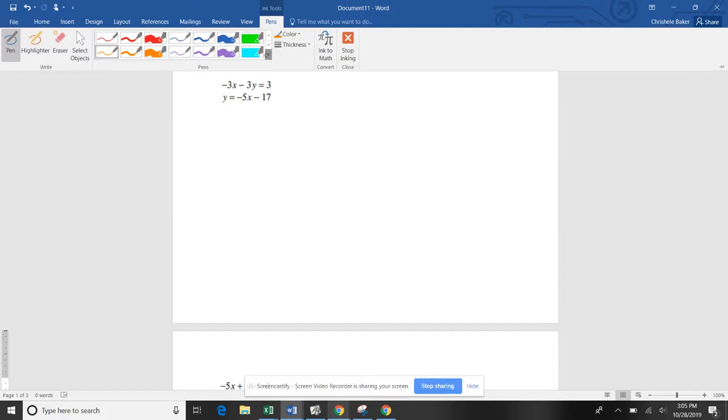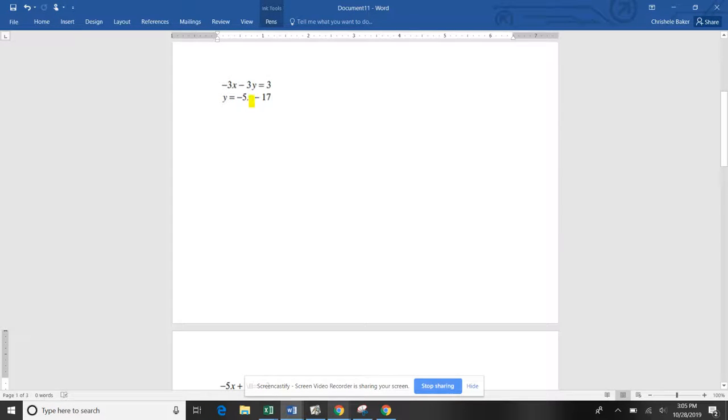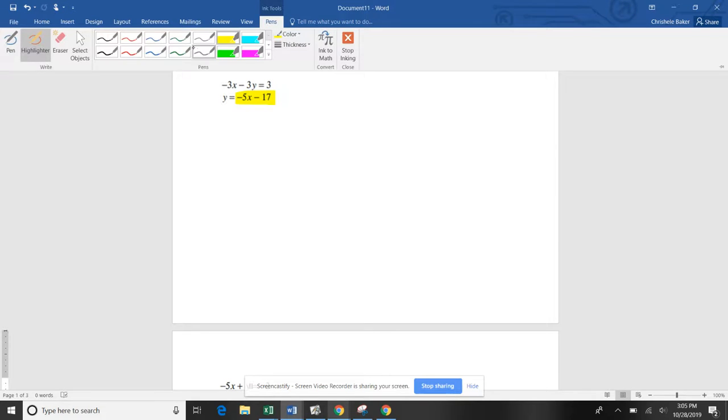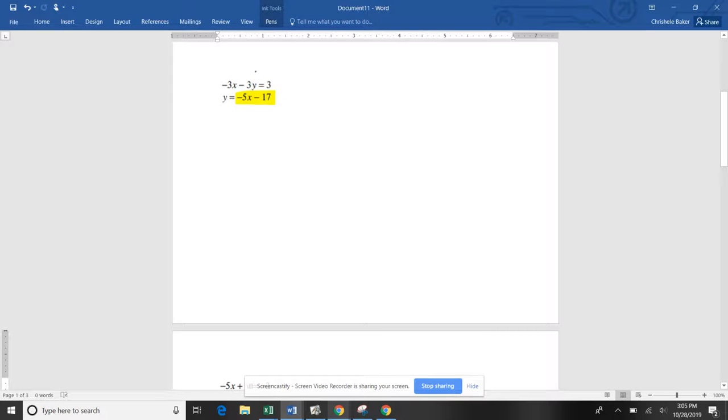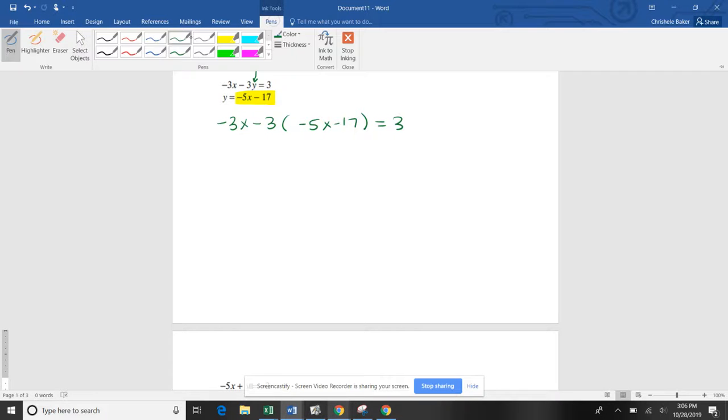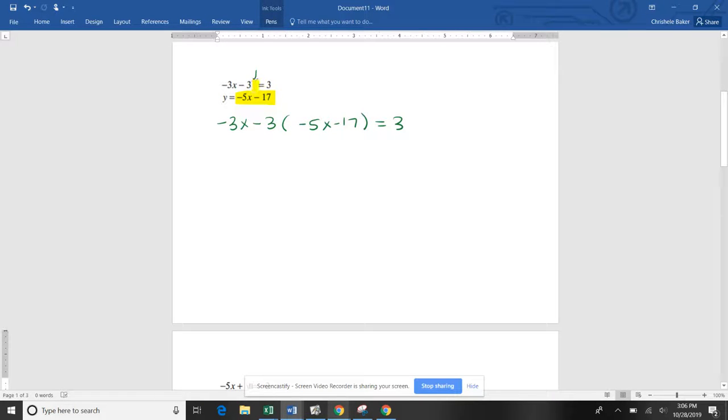All right, let's try another one. So it looks like on this one, my bottom equation is the one that's solved for y. So I'm going to substitute that in right there for this y. So negative 3x minus 3, then we have negative 5x minus 17 is equal to 3. So again, I am substituting the y for what y is equal to, negative 5x minus 17.